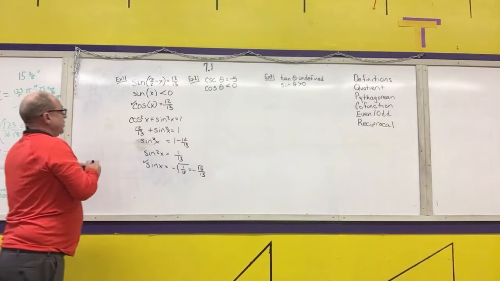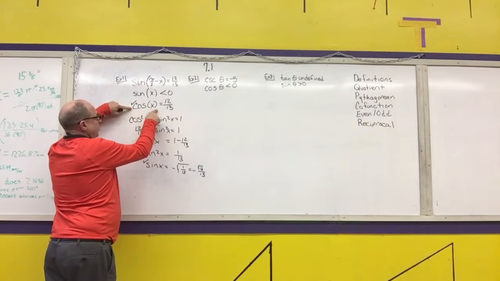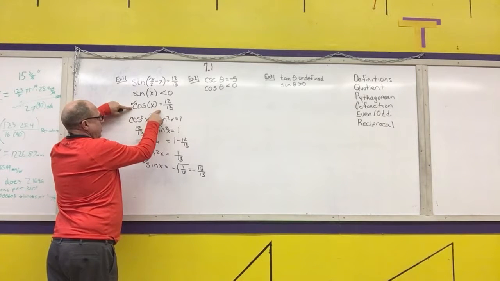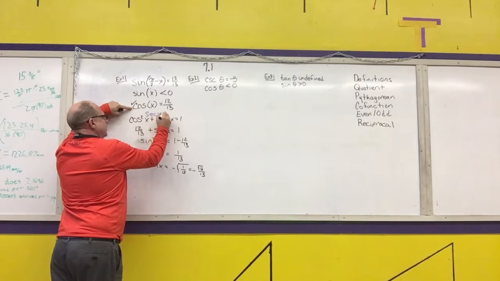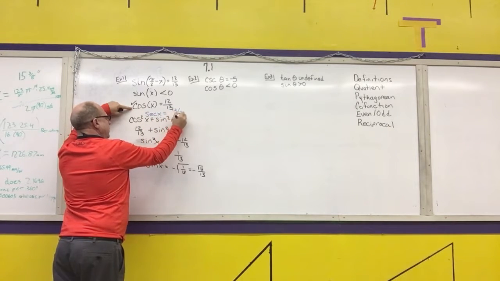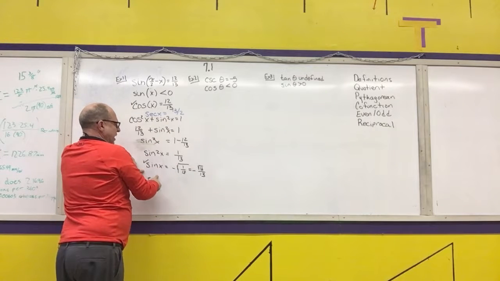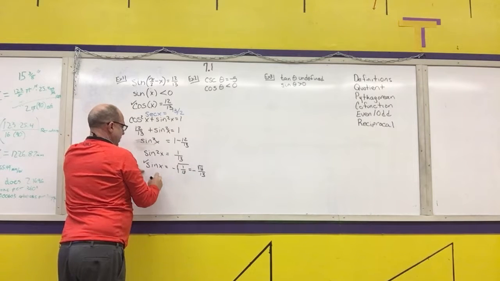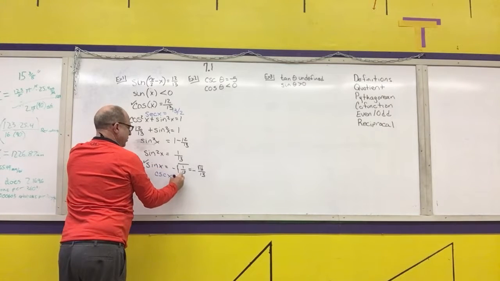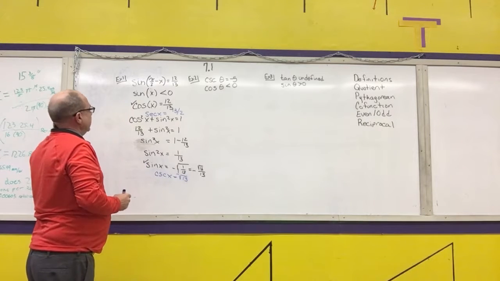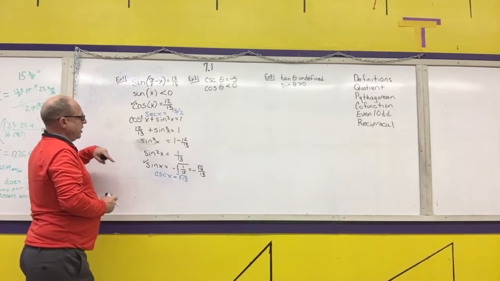So the easy ones are going to be the reciprocal identity for cosine, and that would be that the secant of x is 13 twelfths. The reciprocal identity for sine is cosecant. So cosecant of x is equal to the square root of 13, and that's negative. Tangent is sine over cosine.